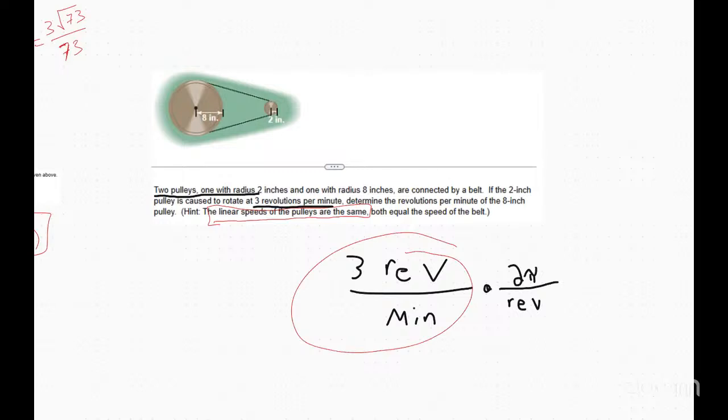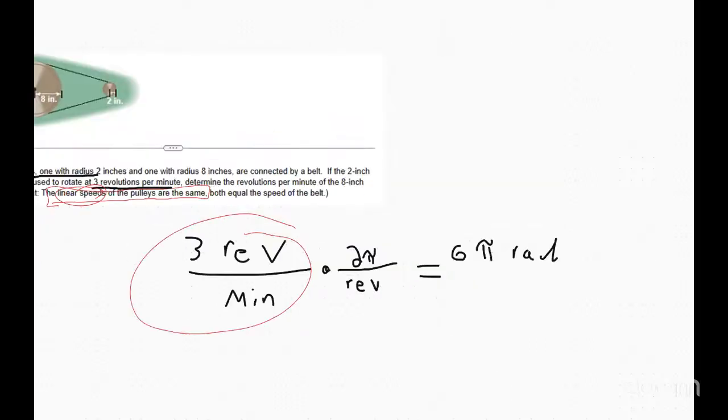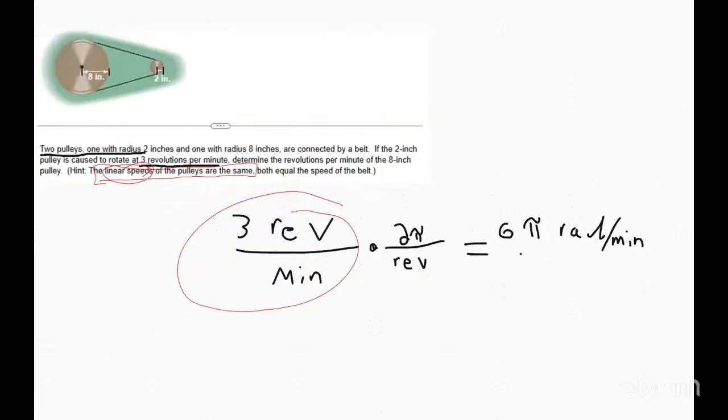Yeah, so that's the key. That's the plan. That would be 6 pi radians per minute. So we take this and then we multiply it with the appropriate radius.